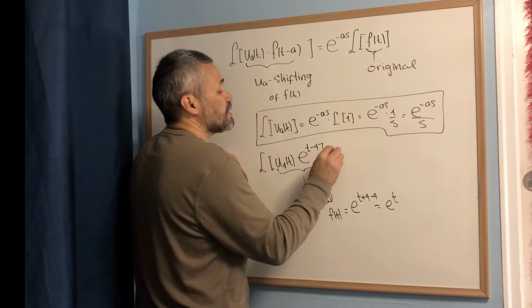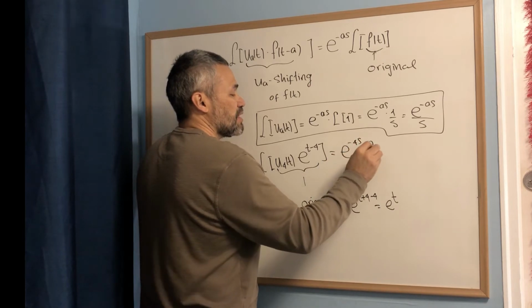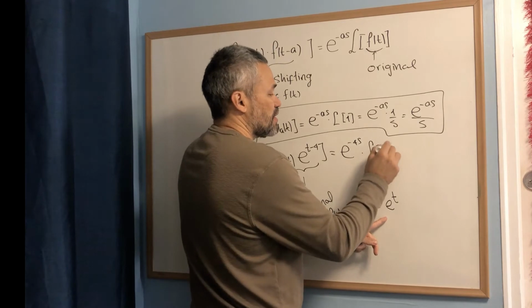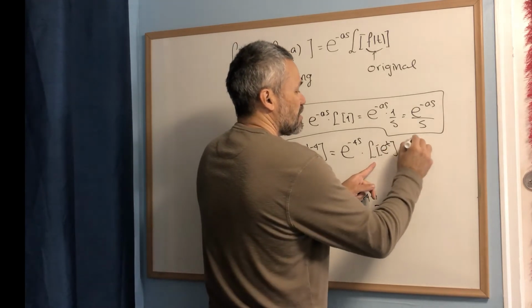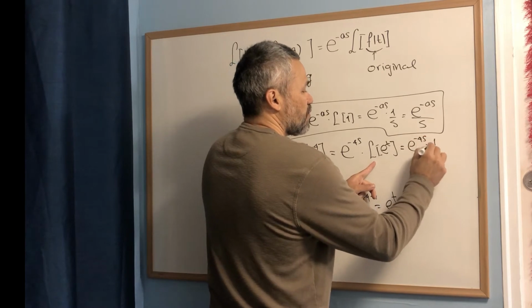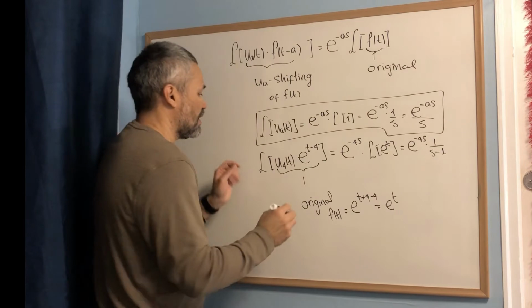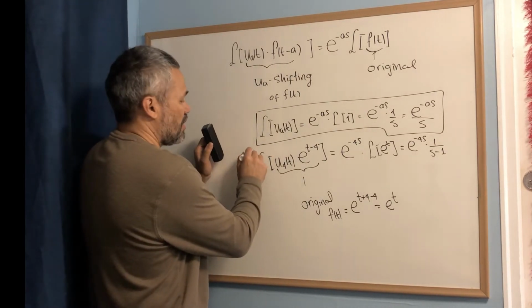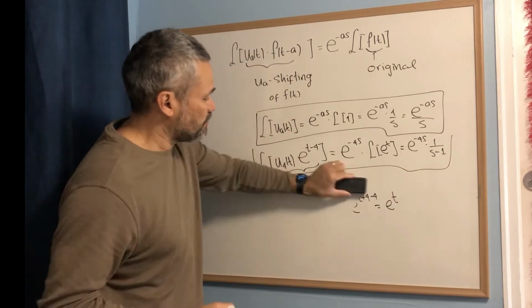Then this is e to the negative 4s times the Laplace transform of the original, which is e to the t, and we already know that the Laplace transform of e to the t is just 1 over s minus 1. Then we have gotten another example of that formula.